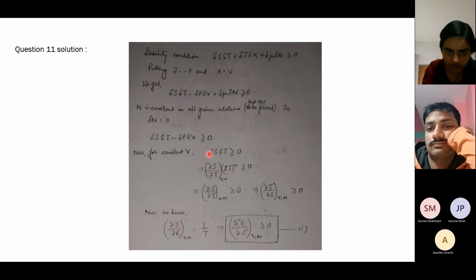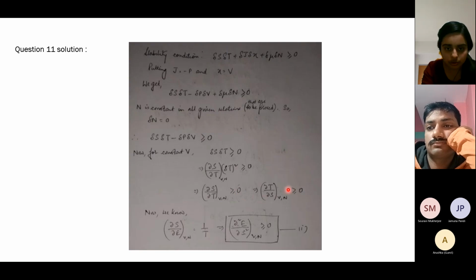Like how do we get from this to this second line? Yes, ma'am. Yeah. So now what happens is this is always positive. That means del S del T at constant volume and number n is greater than or equal to 0. So from here we get this expression.